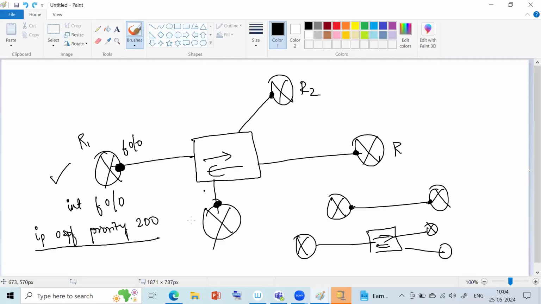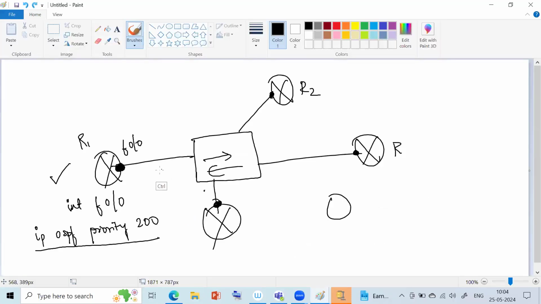Now, when I say router OSPF 1, R2 will know, okay, maybe this is one of my neighbors. If I say router OSPF 1 and the hello packet goes to R2 also, because R2 is also configured with OSPF, as you remember, router OSPF 1, same process ID, it will come to know, okay, this is a broadcast network.